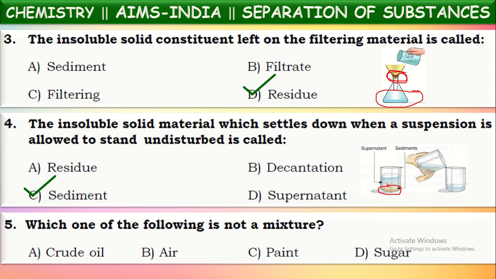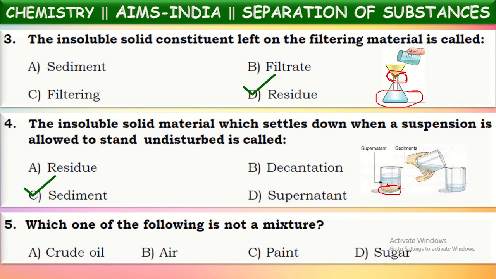Mostly they are called hydrocarbons. It is not one component. It is a mixture of several components like petrol, diesel, kerosene, naphthalene, paraffin wax, and lubricating oil. These are all present in crude oil. So this crude oil is collected and then purified, separated into different components.